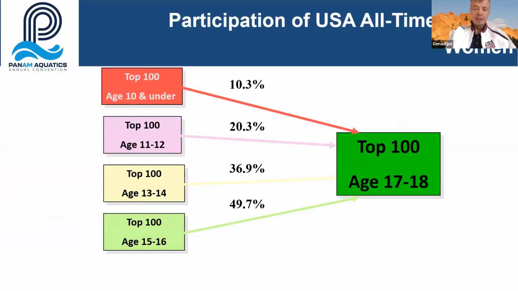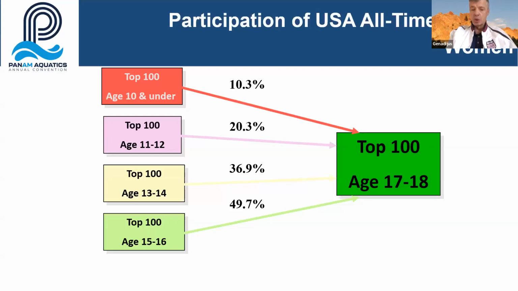You see, 90% of swimmers disappear. They don't swim fast at older age if they are champions at age 10 and under. That's why we don't want young champions. We want to develop them differently, and we'll go through that with you later today.